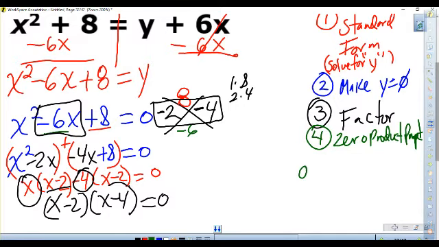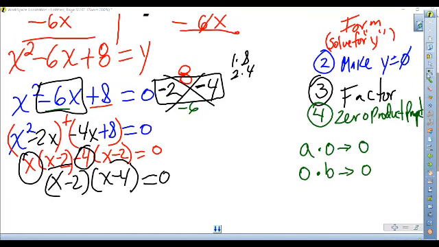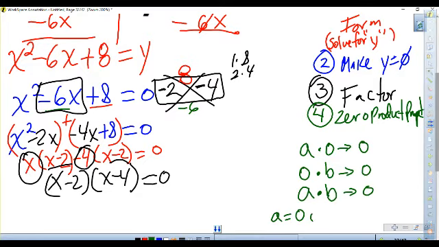If I have A times 0, the product is 0. If I have 0 times B, the product is 0. But then, if I do this, what could A be? 0. Or what could B be? 0.